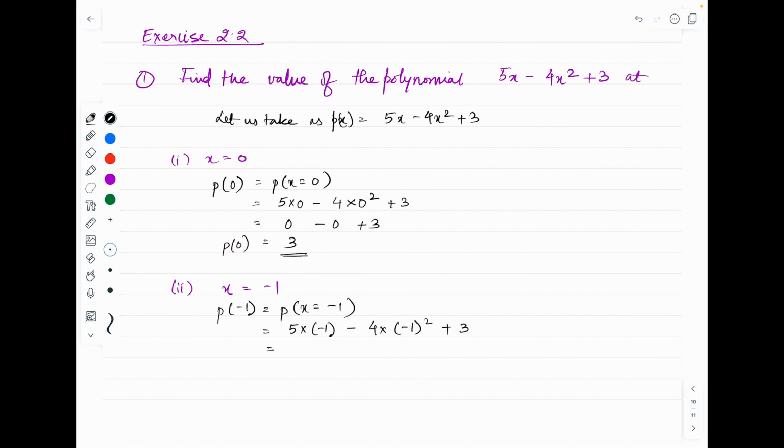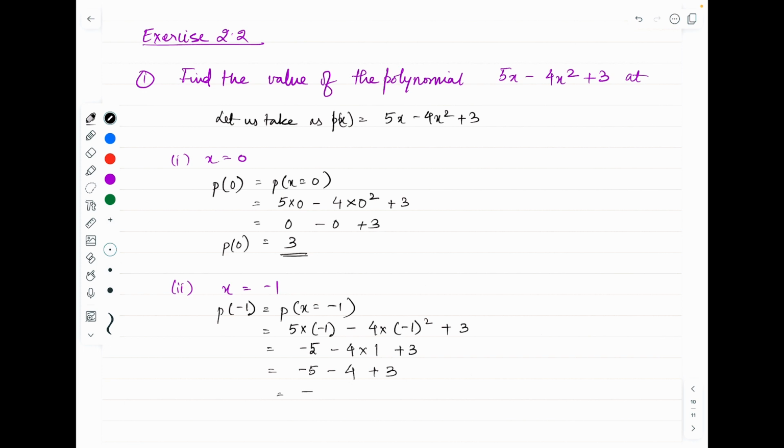You are getting it? So 5 into minus 1 is minus 5. Minus 4 into minus 1 square is minus 4 into 1, which is minus 4, plus 3.